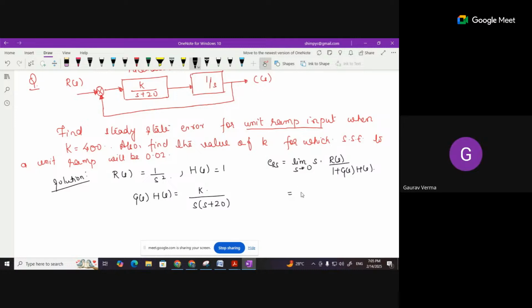That is limit S tends to 0, S into 1 by S square into 1 by 1 plus K by S into S plus 20.